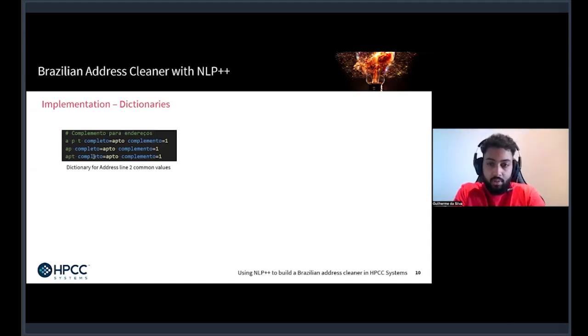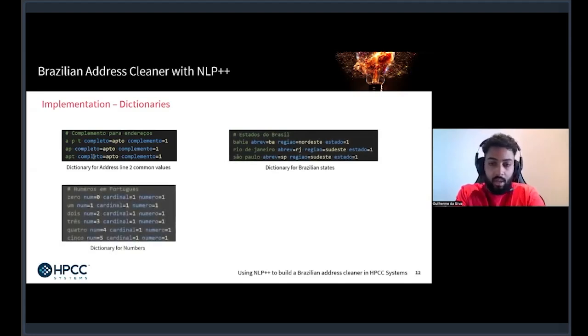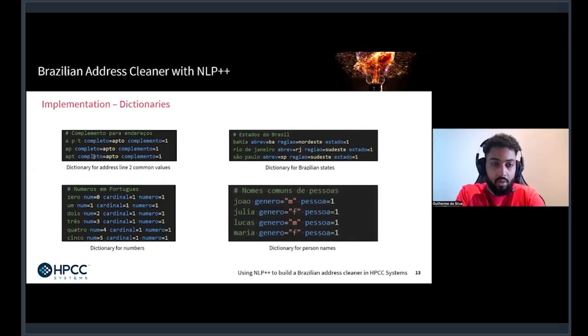For this project, dictionaries were created for each part of an address and the possible values of address line 2, for example, for numbers, for Brazilian states and cities, and street types and names. So here we can see a few examples of dictionaries, and the common values used in these dictionaries during the construction of our analyzer.